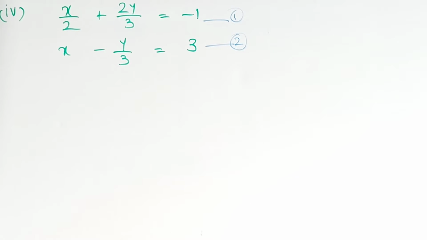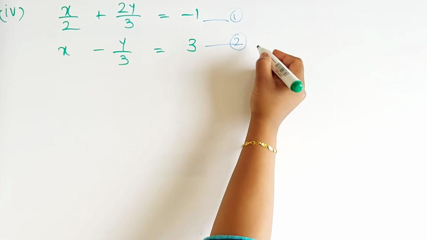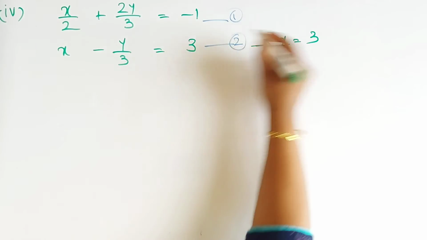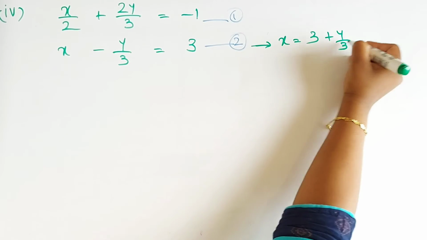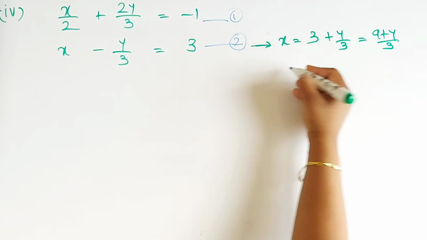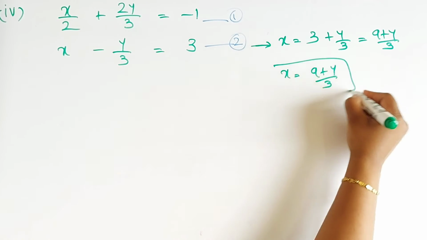Now we will do the substitution method for the same equations, children. Now I am changing the second equation. From here x equal to 3, this minus y/3 will go this side, plus y/3. Now this equals 3 threes are 9 plus y/3. x equal to 9 plus y/3.